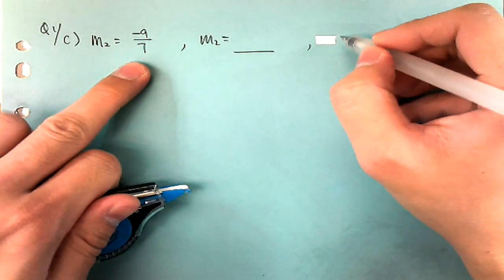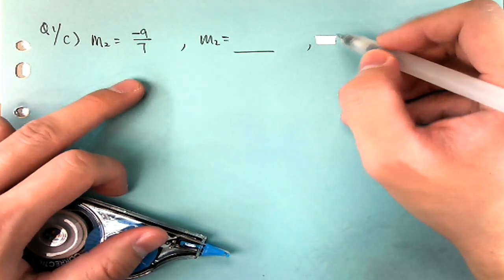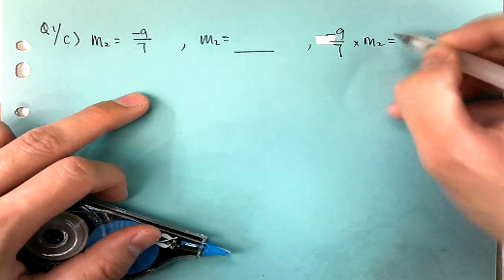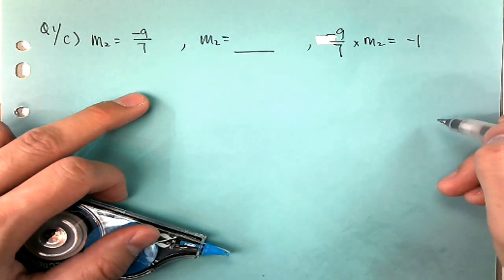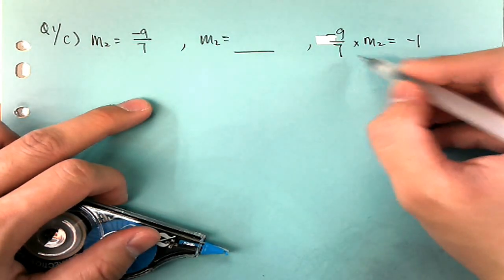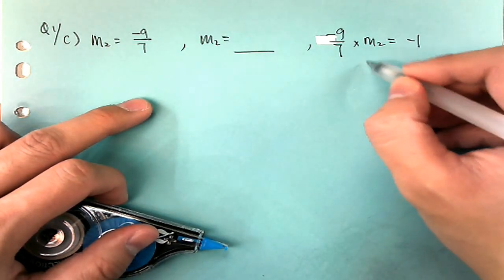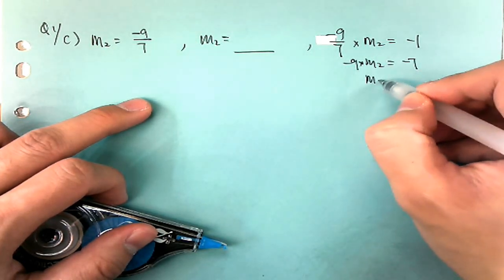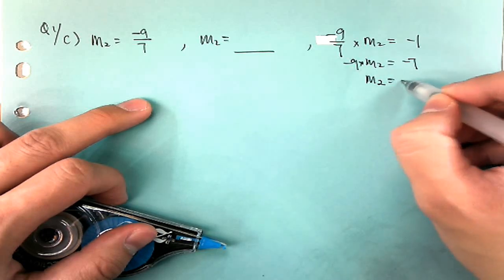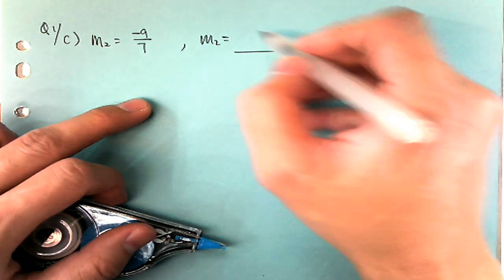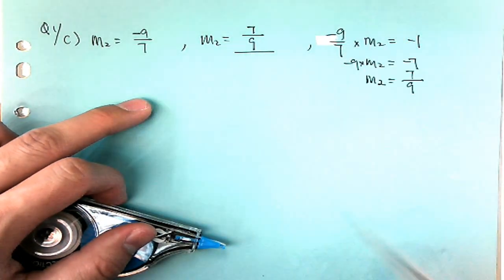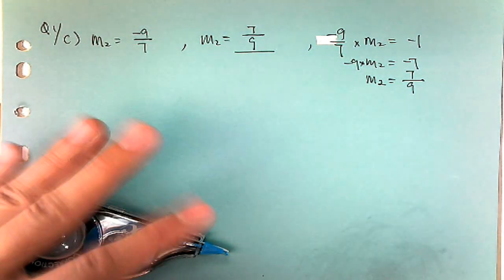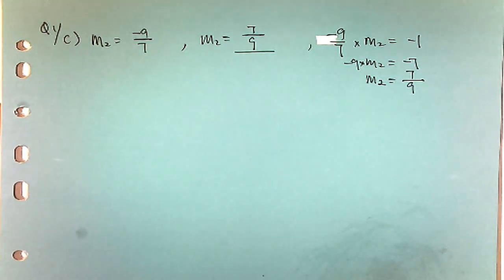So M1 is this M1, times M2 equal to -1. So here, how to find M2? You times 7 both sides, and then divide both sides by -9. You get 7/9. So just fill in the table here, 7 over -9. The same way to do A and B, I just do C.